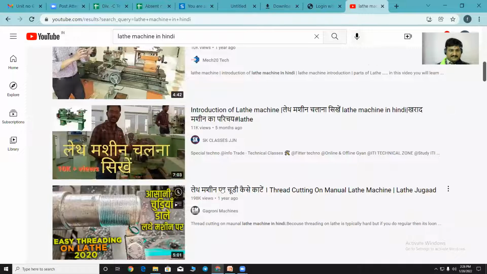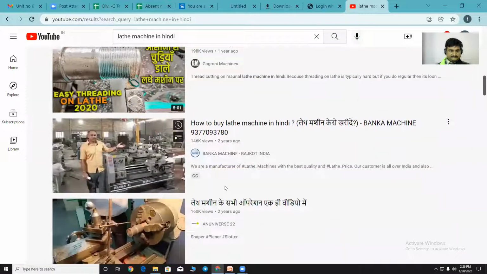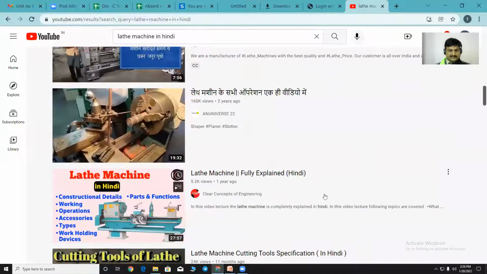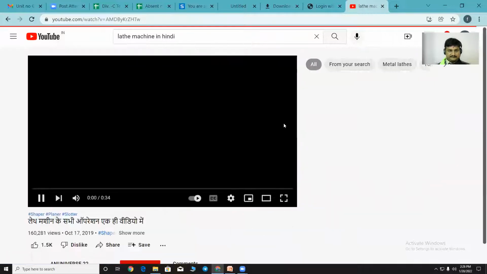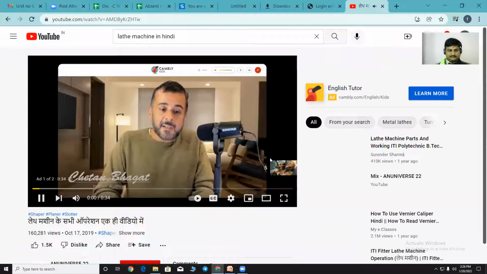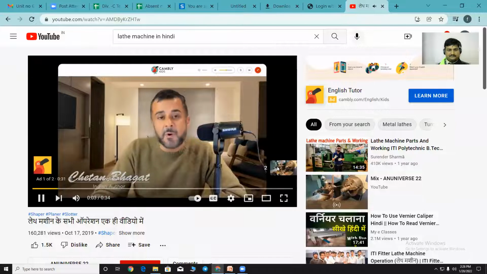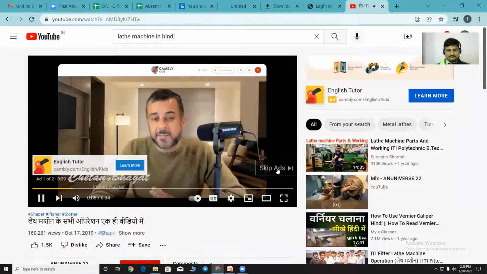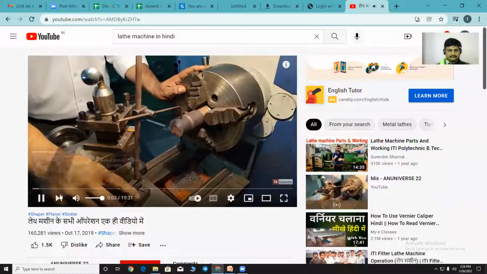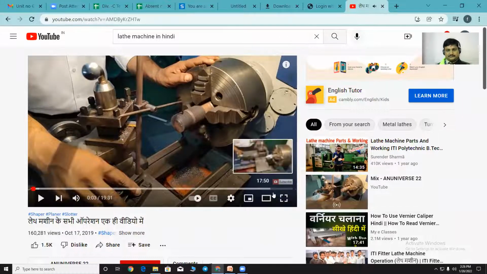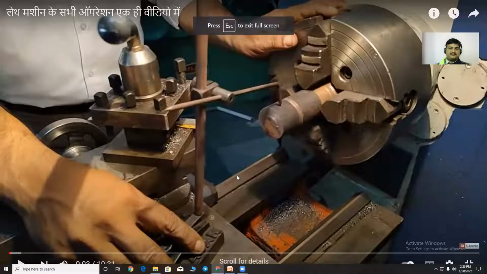Different types of the lathe machines are here, and you can see it. So this machine is the lathe machine.